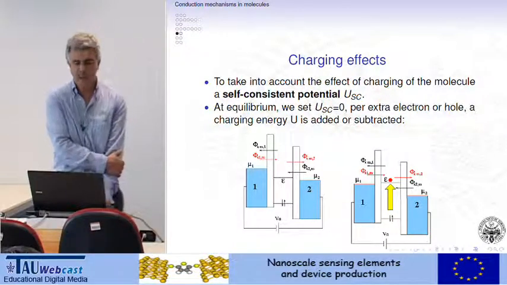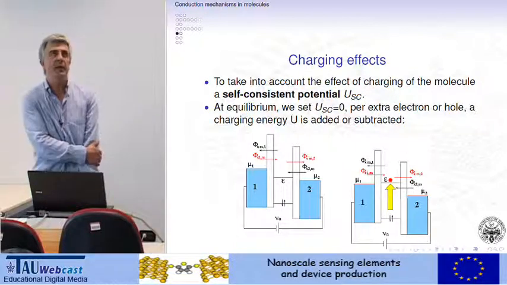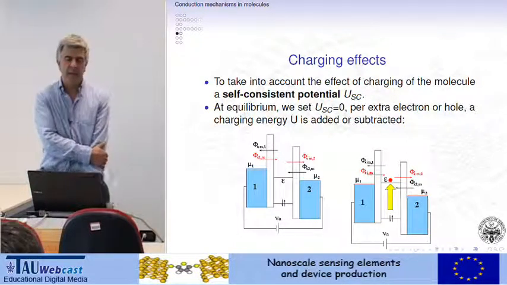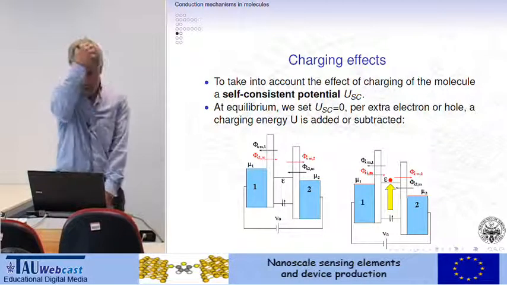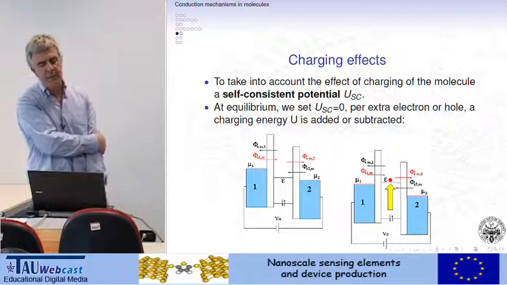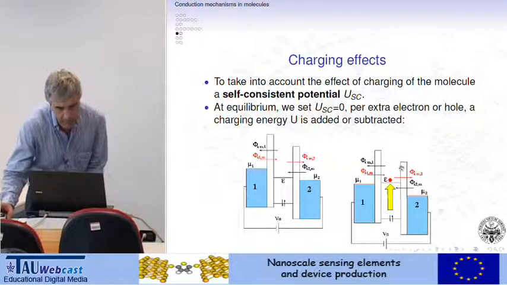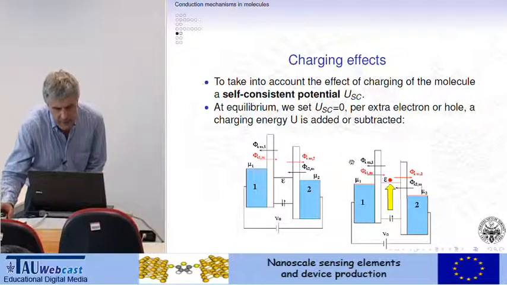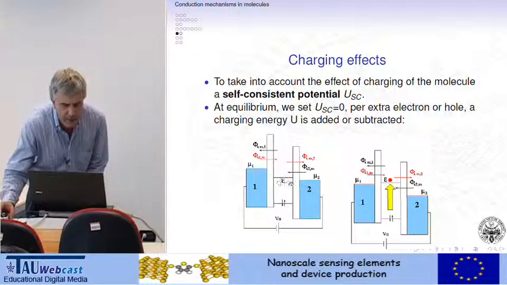But in nanosystems, in molecular systems, the charging effect can be relevant to the IV characteristics. So now we can try to understand which kind of problem we neglected when we considered the position of the molecular level at a constant level.